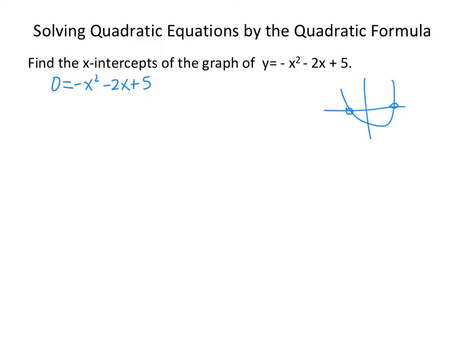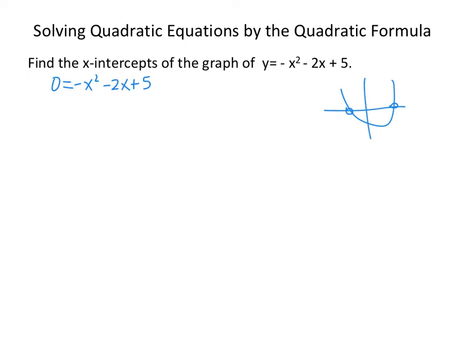Basically, this is a quadratic equation that we're going to solve again. When they say find the x-intercepts, that just means find the zeros, which is what we've been doing this entire time. We're just solving this quadratic equation where our equation is equal to 0. We're doing the same thing, but they're asking a different kind of question.